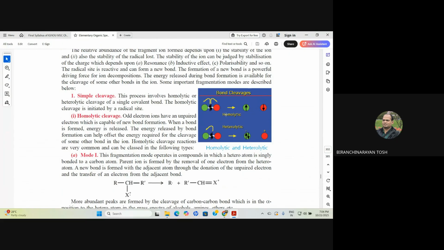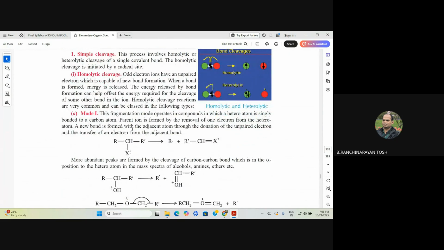If you take mode 1, this fragmentation mode operates in compounds having a heteroatom singly bonded to a carbon. So there will be homolytic cleavage.